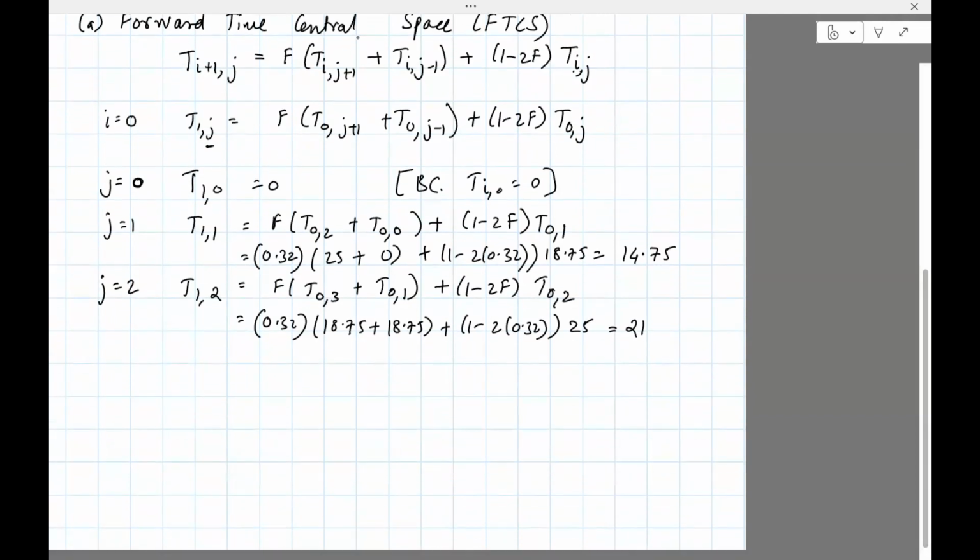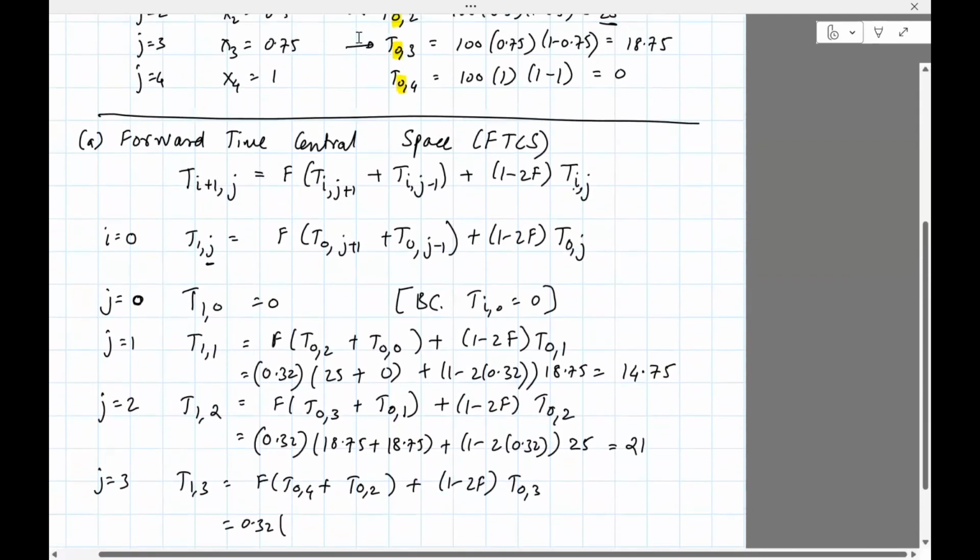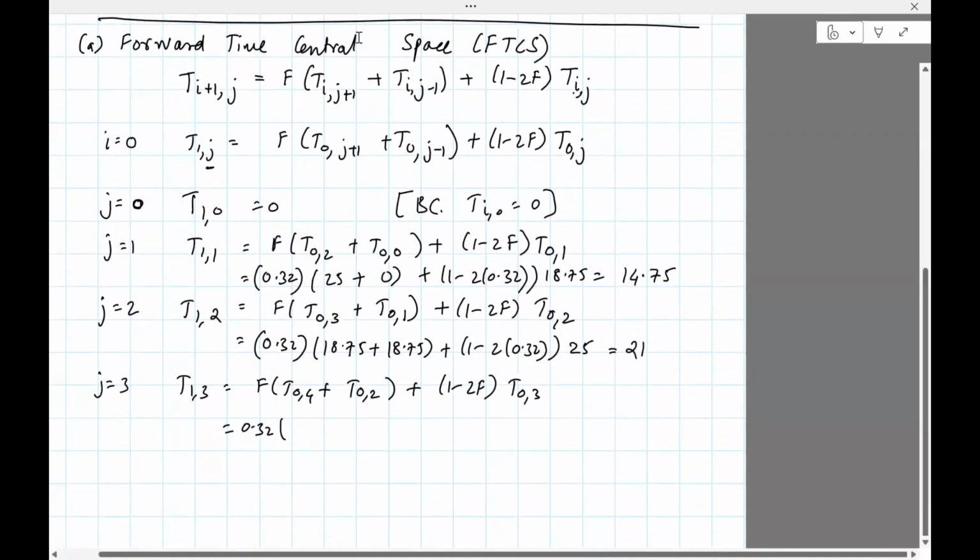You can do it for 3. T1,3 equals F times T0,4 plus T0,2 plus 1 minus 2F times T0,3. So 0.32, T0,4 is something which is, well, it's here, 0.